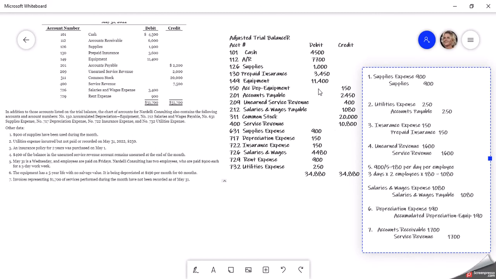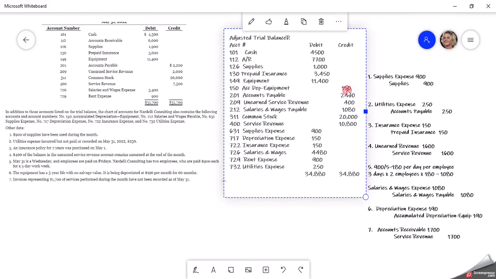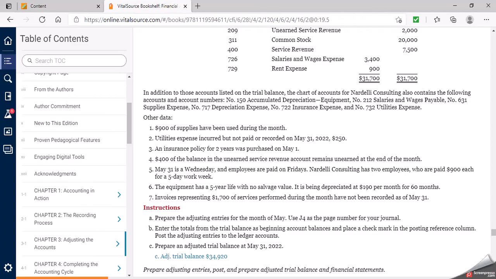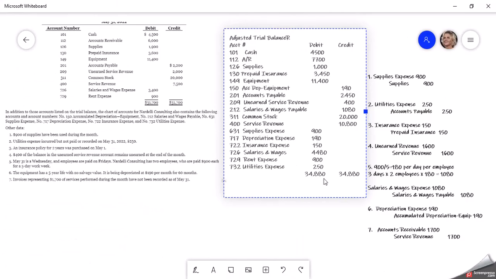So then really, if I go back up here, my accumulated depreciation should be 190, and then my depreciation expense should be 190. And then I do tie out, because the textbook says it should be 34,920.